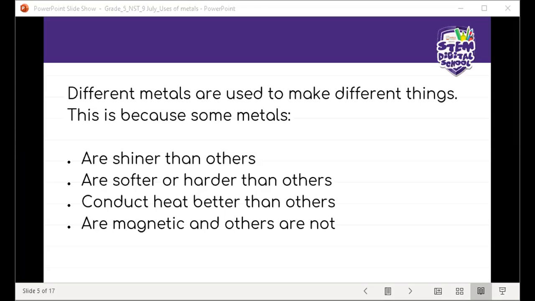I'm asking it again to see if you really remember which metals are magnetic. Which three metals are magnetic? Someone says it's iron, nickel, and steel. All right, thank you very much for the answer, Lesedi. Can someone else also give us an answer? Which three metals are magnetic?